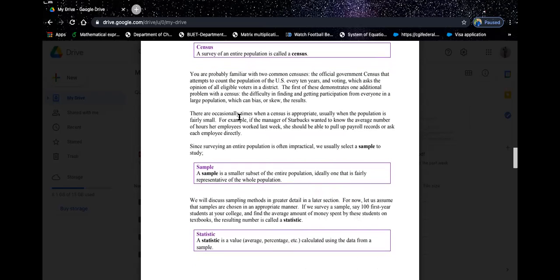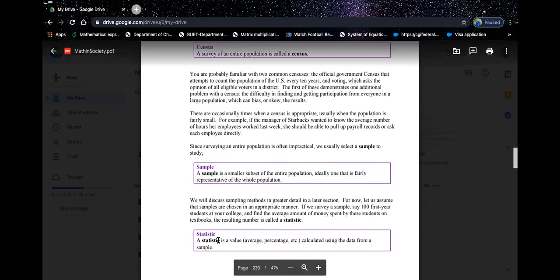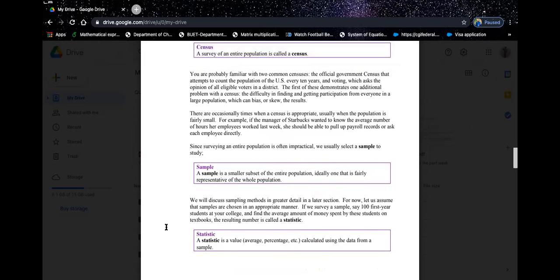You can see the last definition on this page. So when you calculate a value from the sample, it's called the statistic, whereas when you calculate the value from the population, it's called the parameter.